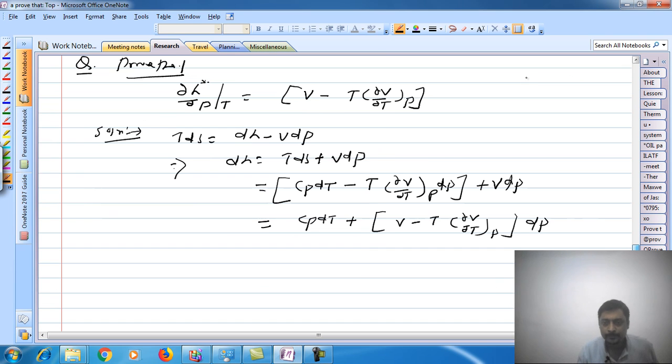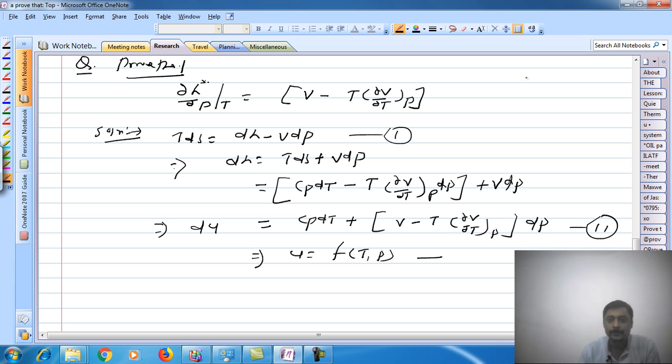This implies dH can be written in this form. Let us suppose this is equation number 1, this is equation number 2. If you look carefully at equation number 2, we can conclude that H is a function of T and P. This is a very important observation.